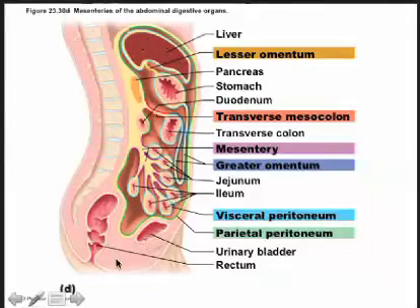There's the rectum and the anus. Okay, there's the anus, the rectum, and there is the last portion of the sigmoid colon. Okay, there's the urinary bladder and the urethra, and there's the liver, the stomach, the transverse colon, and then of course over there the duodenum, just to give you an idea of what you're looking at.